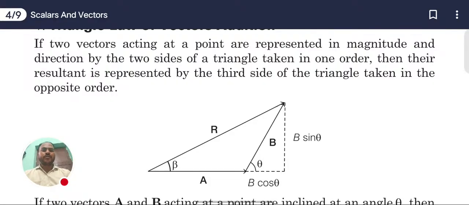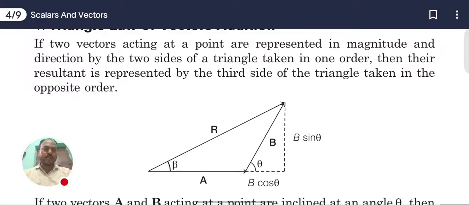The first vector A, and the second vector B. Between vector A and vector B, the angle that is created we consider as theta. Here the two sides of the triangle are taken in one order.